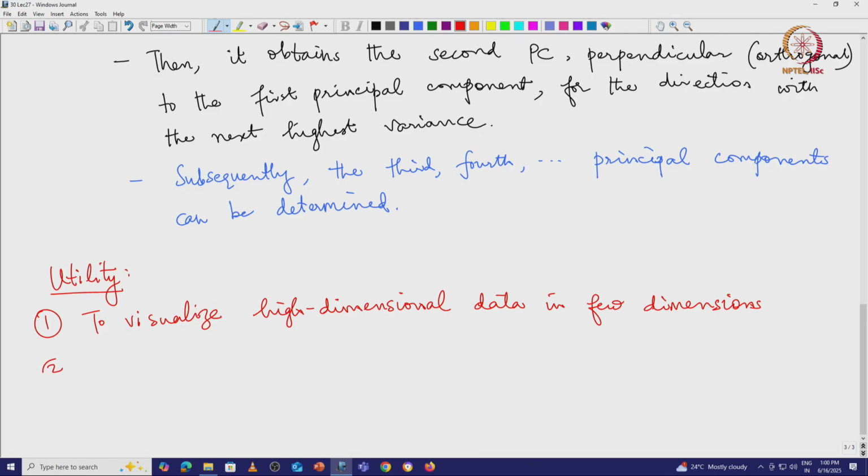The other thing is it is useful to remove noise and redundant features. Thus leading to simpler ML models.